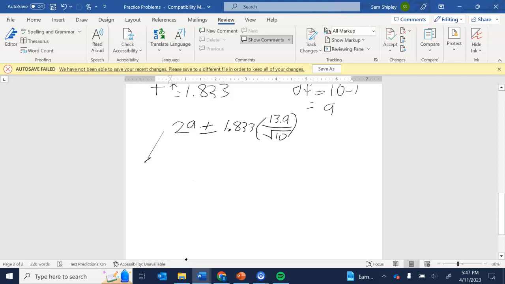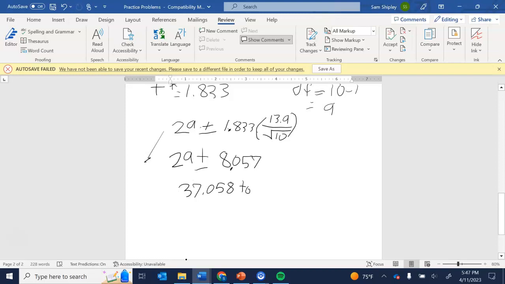When you put that in your calculator, you will get 8.057. You're going to get two answers for this because you're doing plus and minus. So let's do 29 plus 8.057 first. When you do that, you're going to get 37.058.